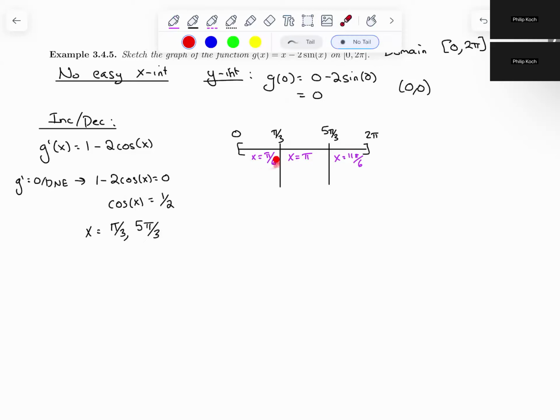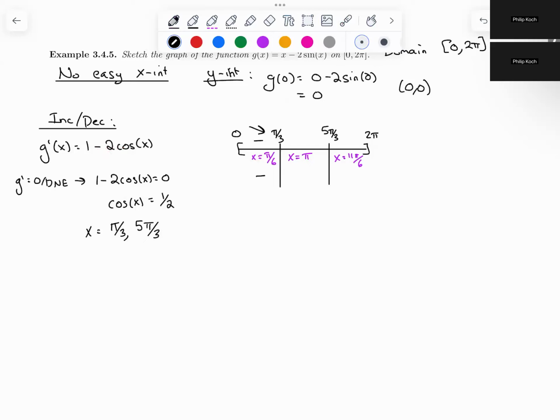I know that cosine of pi over 6 is square root 3 over 2. So this will be 1 minus square root 3. That'll be negative. And so it's going to be decreasing here. Cosine of pi is -1. So it's 1 minus 2 times -1, so that would be 1 plus 2.